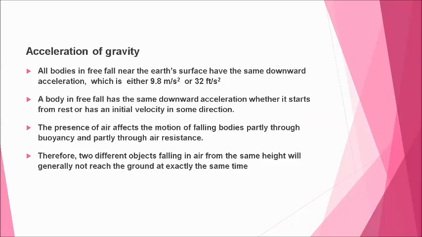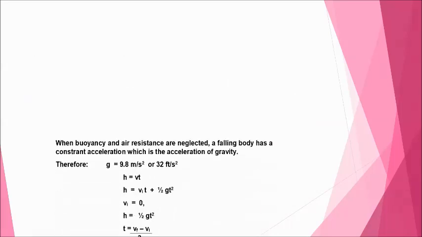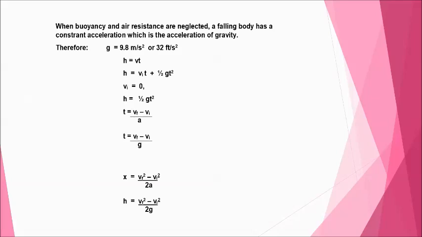Now, if we neglect buoyancy and air resistance, a falling body has a constant acceleration, which is the acceleration of gravity. Kaya nga, there's a constant value for gravity, which is symbolized by g. So, g is either 9.8 meters per second squared or 32 feet per second squared.